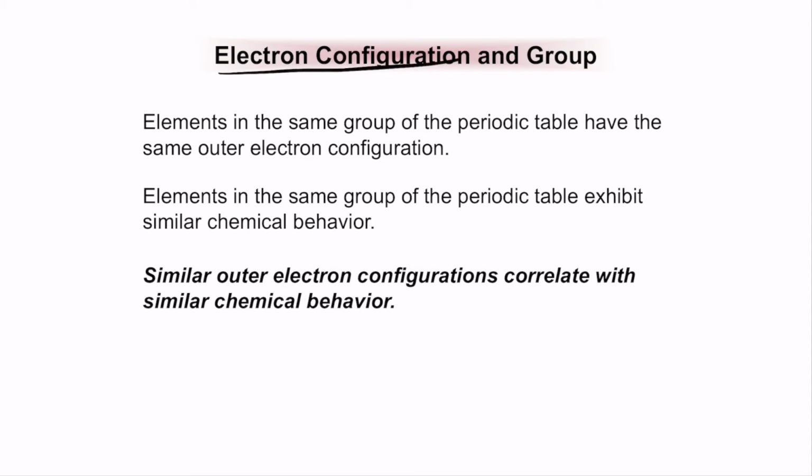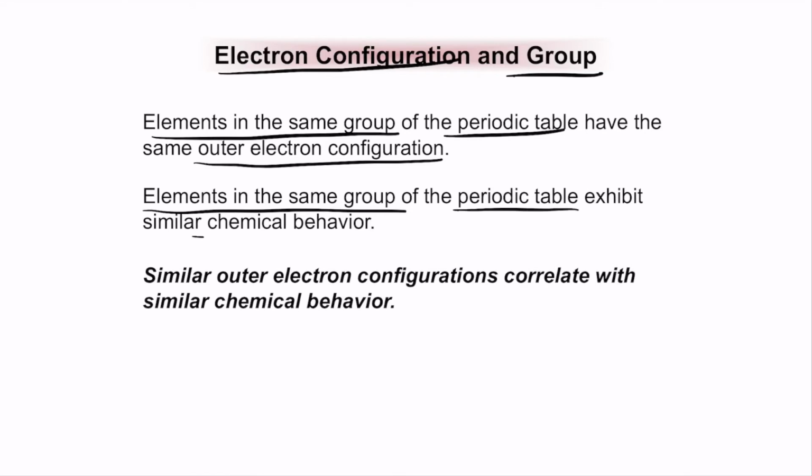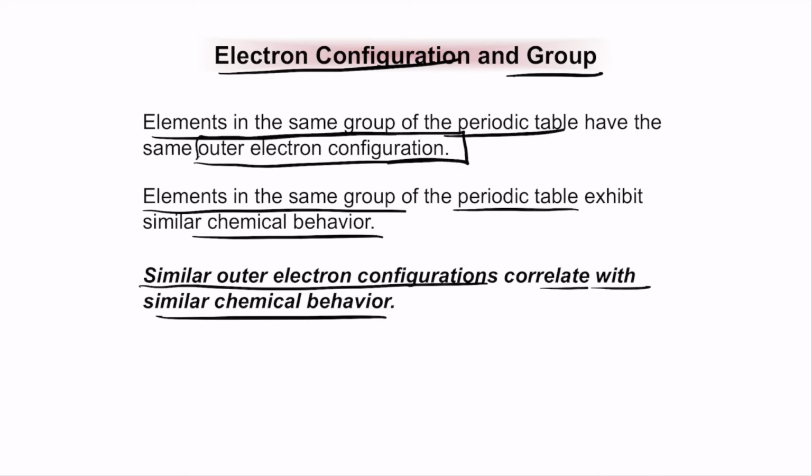Next, let's talk about electronic configuration and the group. Elements in the same group of the periodic table will have the same outer electron configuration, and elements in the same group exhibit similar chemical behavior. The outer electronic configurations correlate with the similar chemical behavior. This is the important part: we have to have the same outer electron configuration.